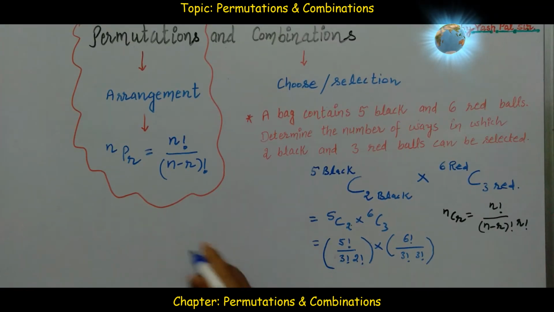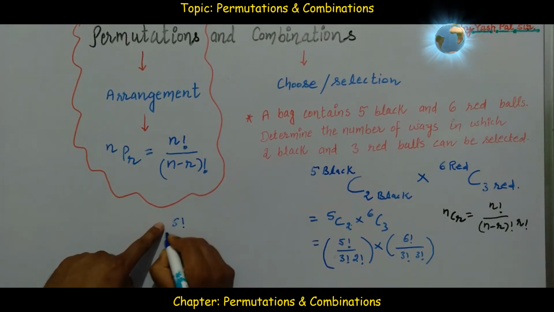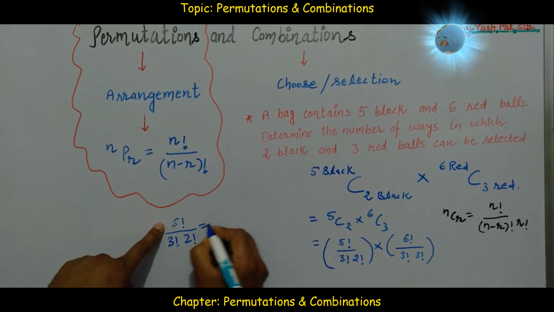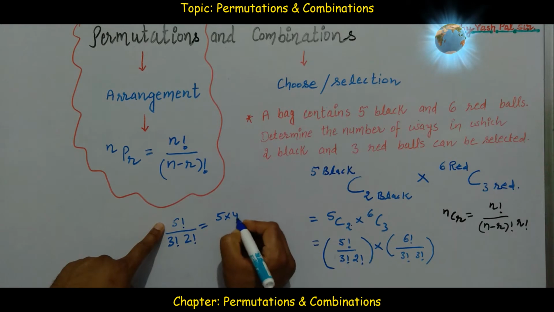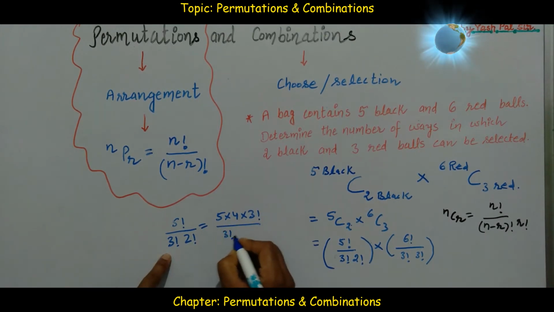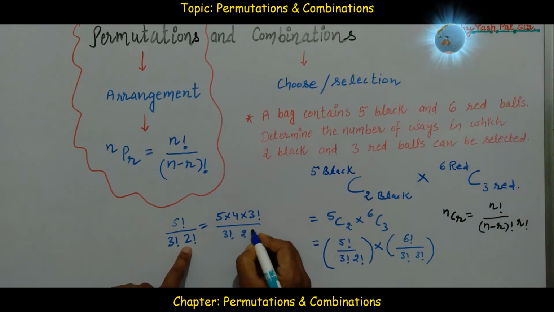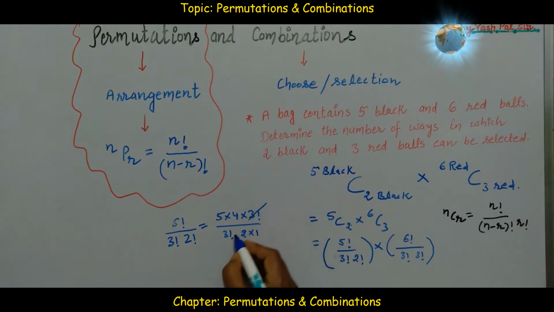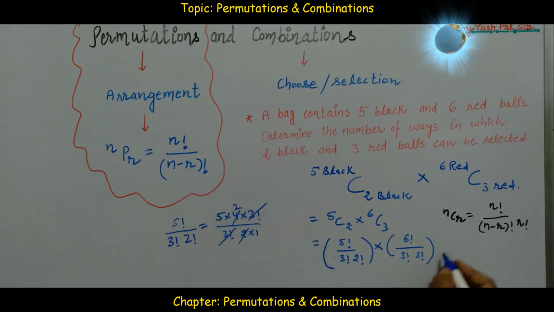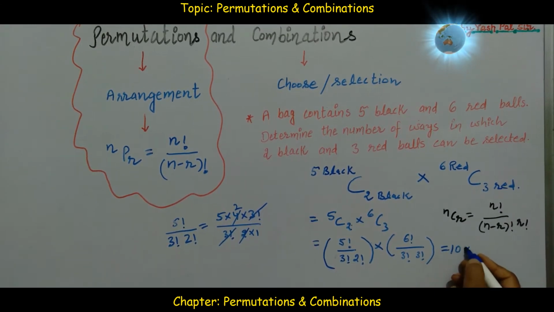Now here 5 factorial divided by 3 factorial into 2 factorial is equal to 5 into 4 into 3 factorial, divided by 3 factorial into 2 factorial, meaning 2 into 1. So 3 factorial cancelled. 2 twos are 4. 5 into 2, 10, into.